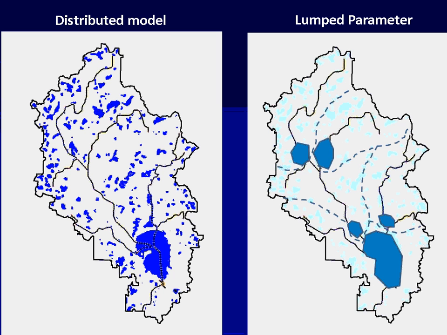Talking about distributed versus the lumped parameter model. On the left, I'm showing output from a distributed model. We use LIDAR and keep the topography within the model so we can have the flow of water over the landscape at a very fine resolution.